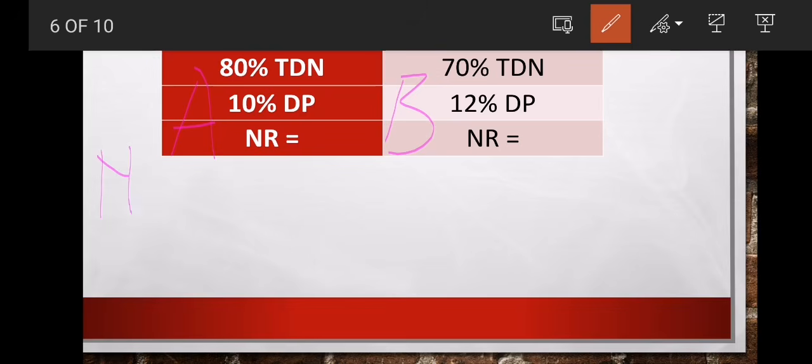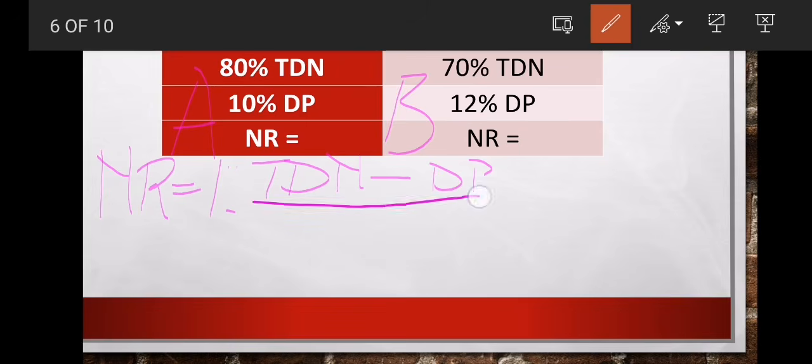It says NR is equal to 1 is to TDN minus DP, divided by DP.